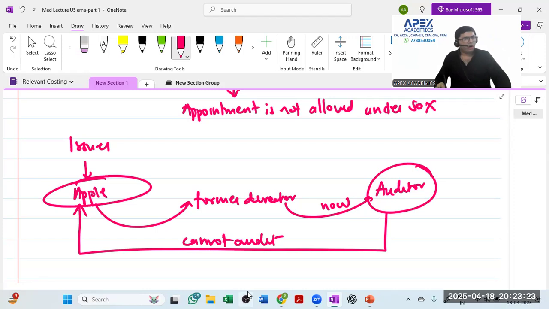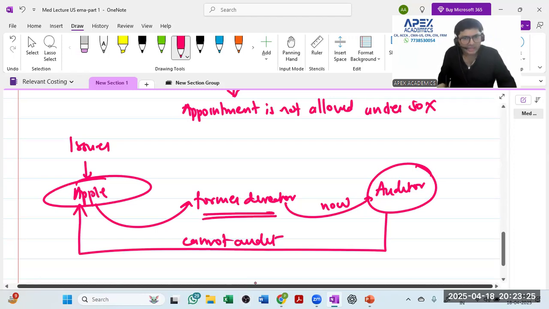Why? Because the former director, Meet, knows everything in and out about Apple. If he knows where they are performing fraudulently, he will hide it in the course of the audit. He will influence his team to hide that and take some kind of consideration from Apple. This is not allowed. Why is this not allowed?